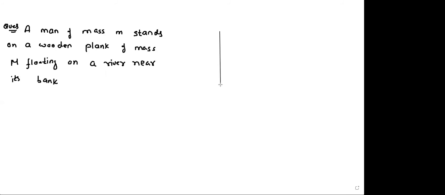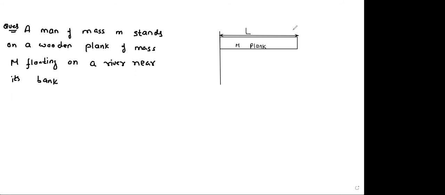This is a river bank. And just near this river bank, a plank is floating. The length of the plank is L. A plank of length L is floating on the river.